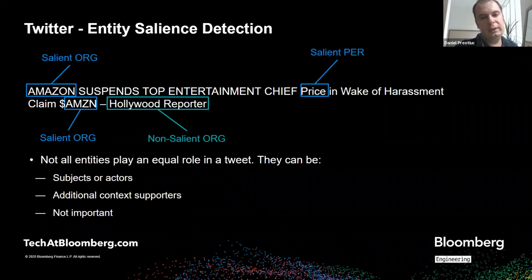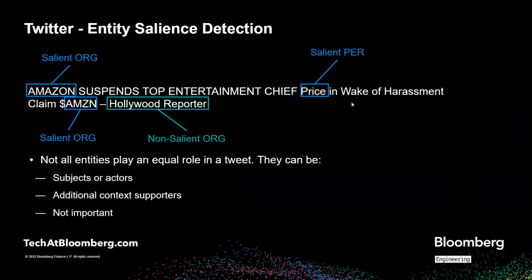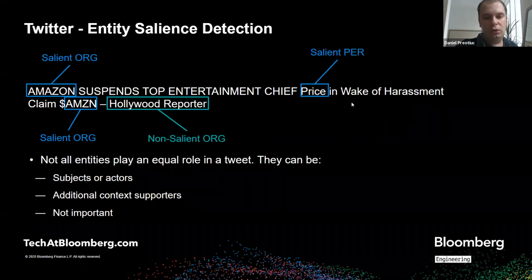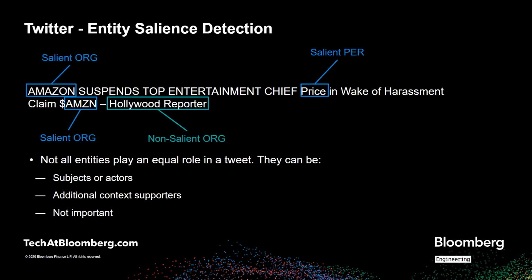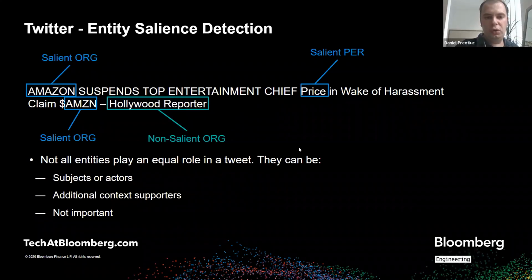Tweets being short, it's probably just a yes or no task. By multiple levels, you mean? Multiple levels. So high, medium, low, lower. Okay. Multiple levels, yeah. But I think the role of the entity is a major feature.